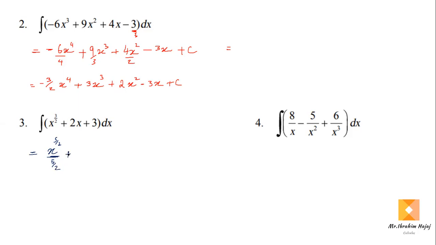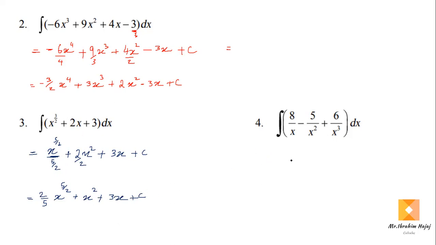Then plus 2x squared over 2, plus 3x, plus c. This 5 over 2 division can be written as 2 over 5 x to the power of 5 over 2 plus x squared plus 3x plus c.